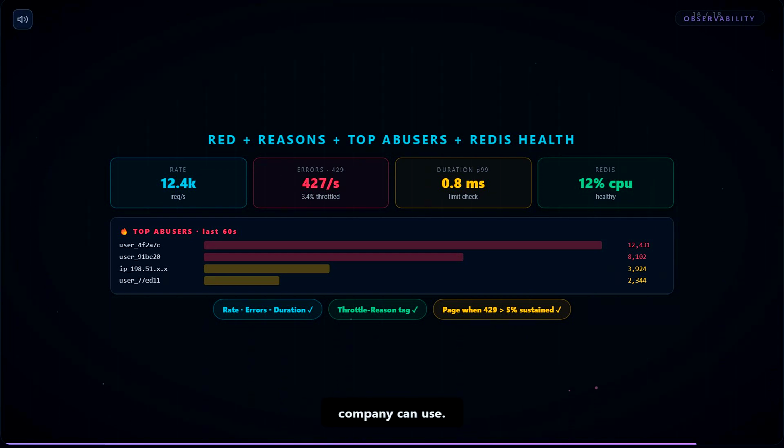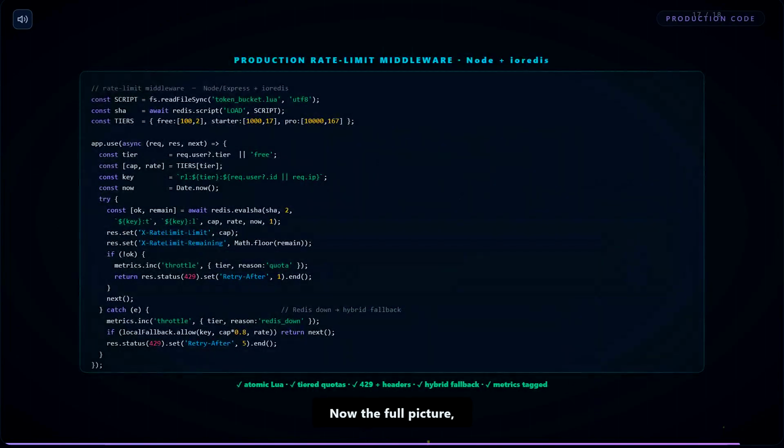Now the full picture, in 20 lines of code. Express middleware. Get the user identity from the JWT. Build the Redis key: rate limit, user ID, route. Call the Lua token bucket script with rate equals user tier, capacity equals rate times 2 for burst. If allowed, set the 3 X-RateLimit headers on the response and call next.